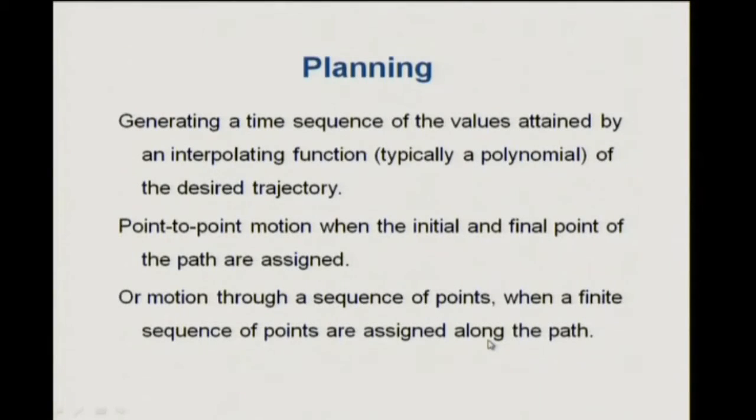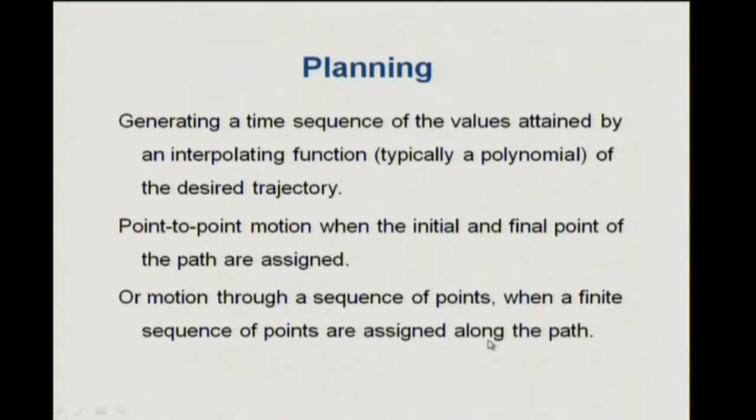So what you typically do is, instead of saying I have a point here, point here, point here, point here, since it is very difficult to run the controller on the basis of that, you generate interpolating functions, typically a polynomial, for the desired trajectory.